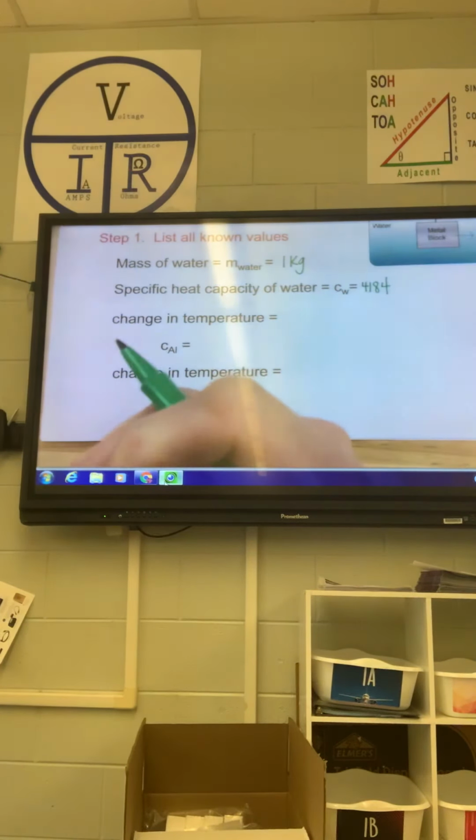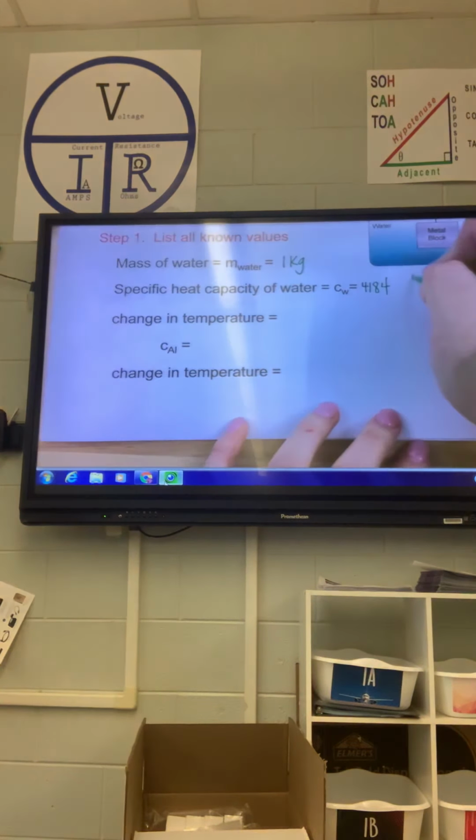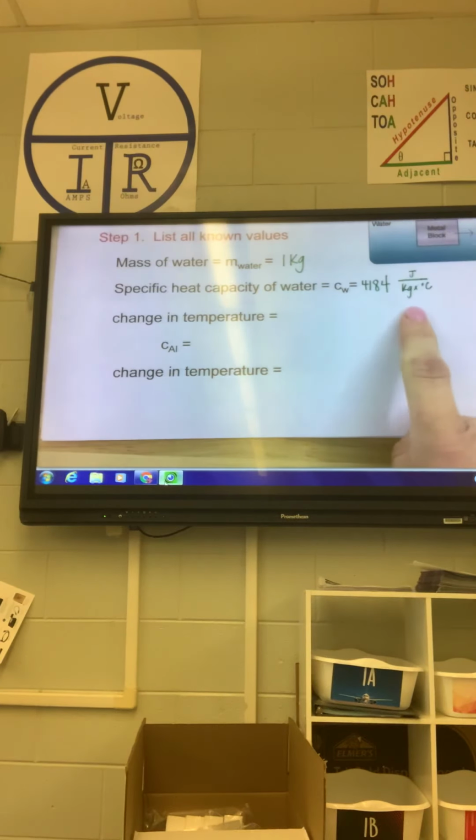It's 4,184, and the unit for this is joules over kilograms times Celsius. But let me give you a hint: when we start calculating this, all those units go away, so you're not ever going to do anything with this.